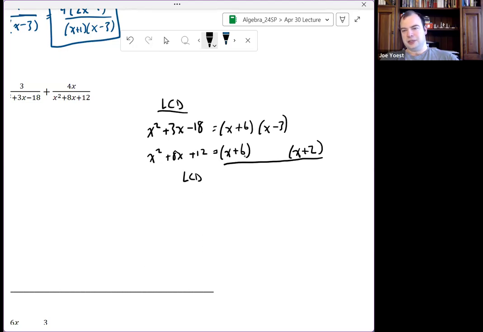So what's my LCD then? I see some x plus 6s floating around. The highest power of x plus 6 I see is the first power, so it's just x plus 6 to the first. I see an x minus 3 and an x plus 2, both to the first power, so they come down into the LCD.